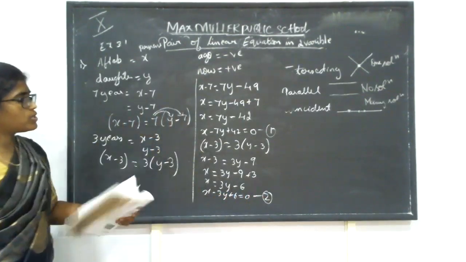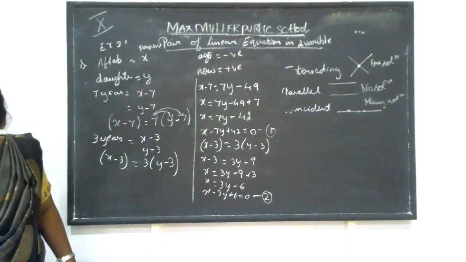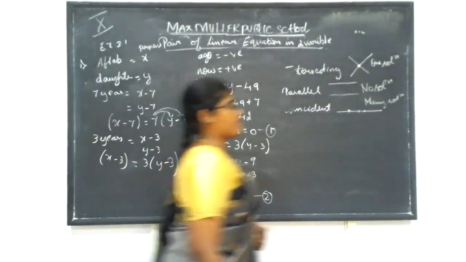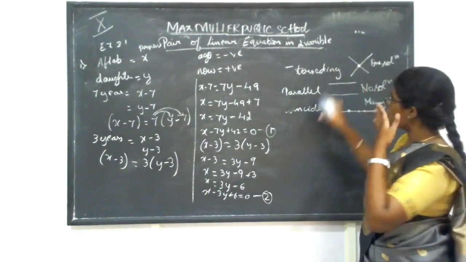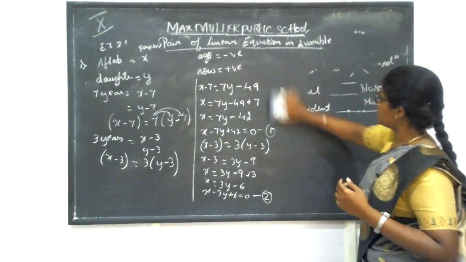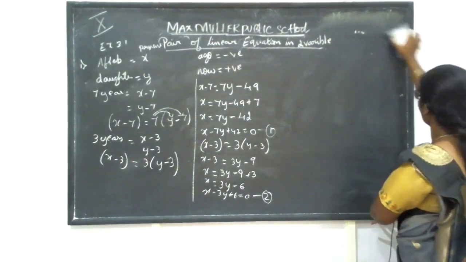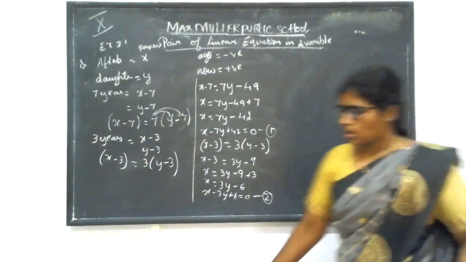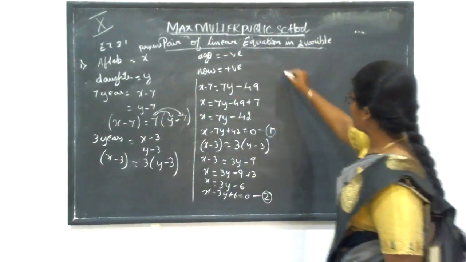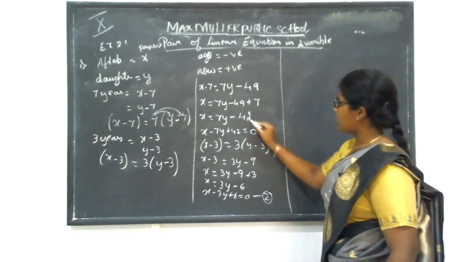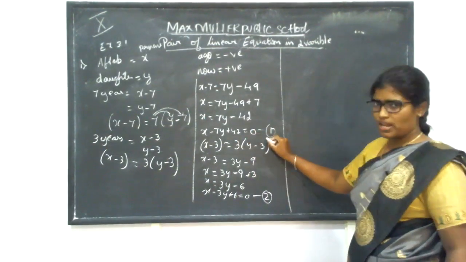Now, you are going to solve these two equations. They have told, represent graphically. So, you are going to solve these two equations. If you solve these two equations, what will you get? Solve it. You can take this only. The standard form you have taken, no?